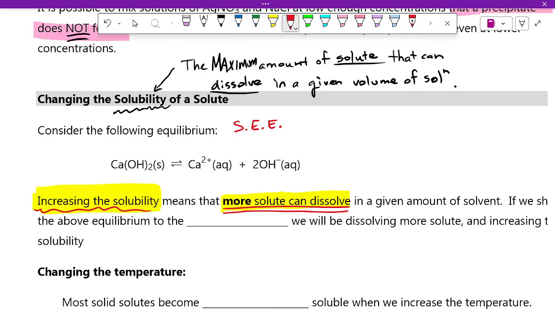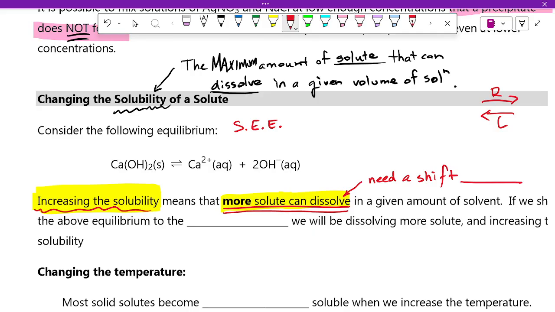Talk with your partner about that. If we want more solute to dissolve, is that going to need a shift right or a shift left? Do we need a shift to the right or do we need a shift to the left? Everybody. I heard one person.